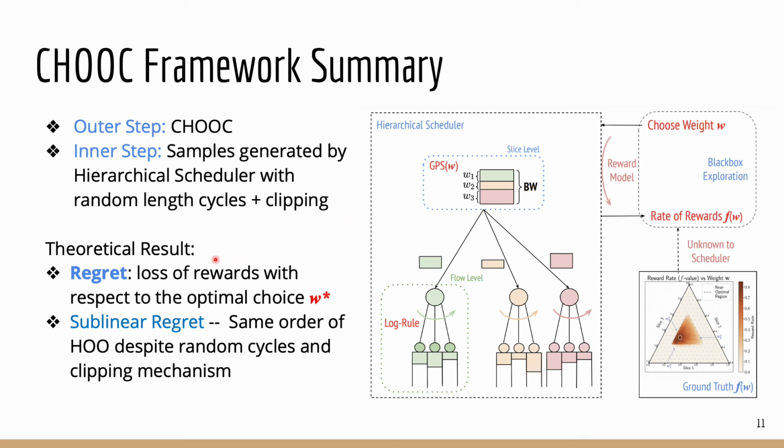For analytical purposes, we compute the upper bound of the regret induced by our CHOOK algorithm. The regret is the loss of reward with respect to the optimal choice. We show a sublinear regret which has the same order as HOO regret despite random cycles and clipping. Again, we leave the details to the paper.